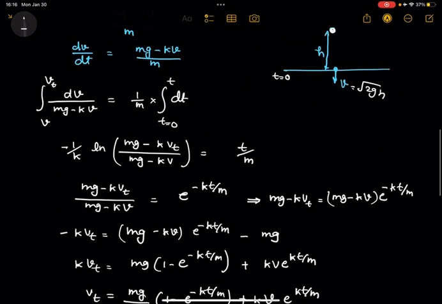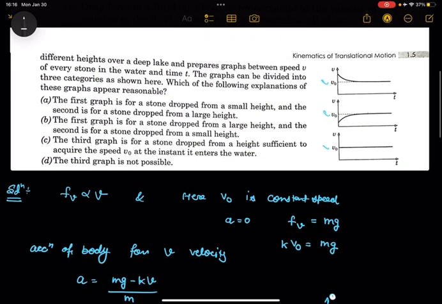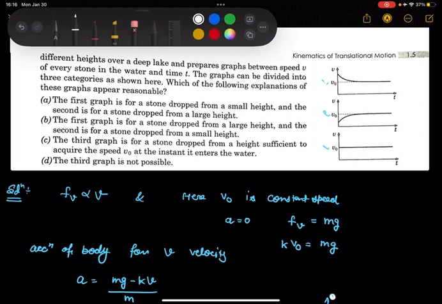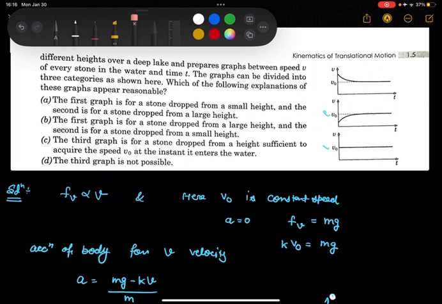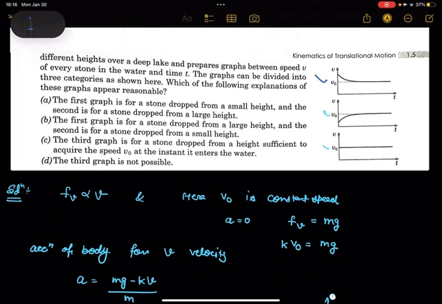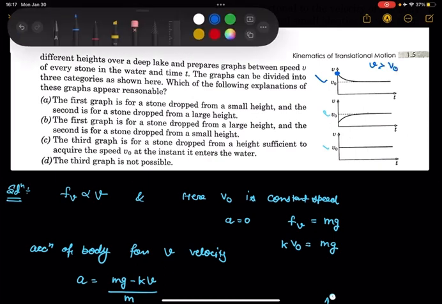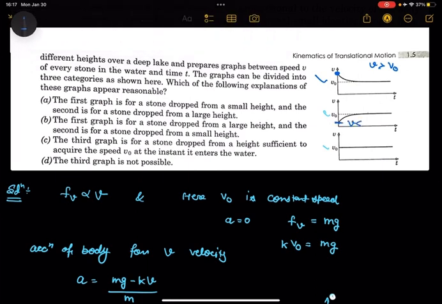So my dear friend, in the first graph, this point is more than v naught. This velocity is more than v naught, and in the second graph this velocity is less than v naught.